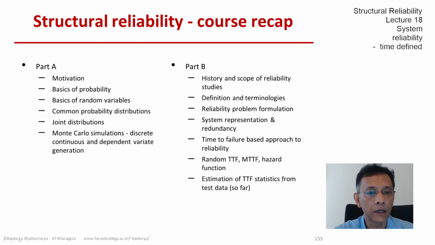Then in the previous class we had a good discussion on how to estimate from reliability tests, whether censored or otherwise, all these metrics: mean time to failure, failure rate, reliability function, hazard function, and so on. So today we are going to look at time-dependent system reliability. So let's see what we have in plan for today.